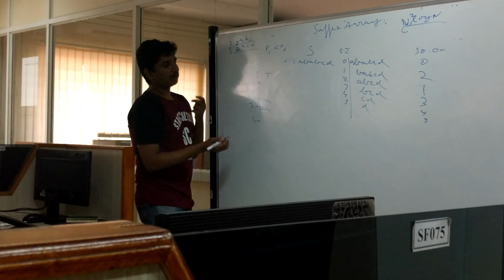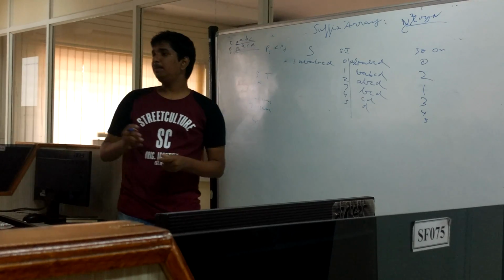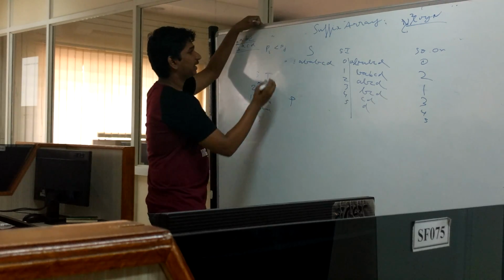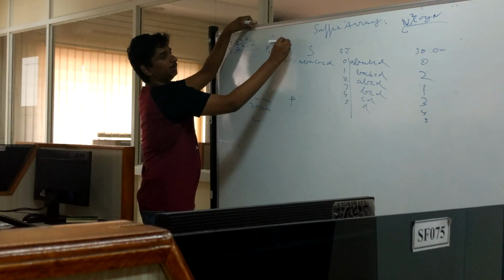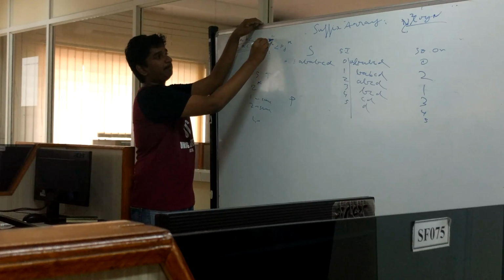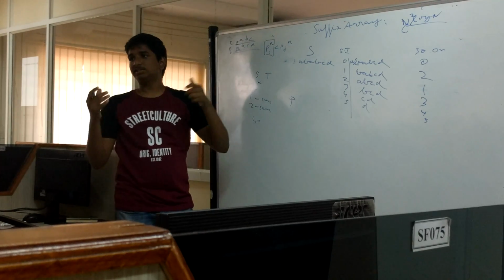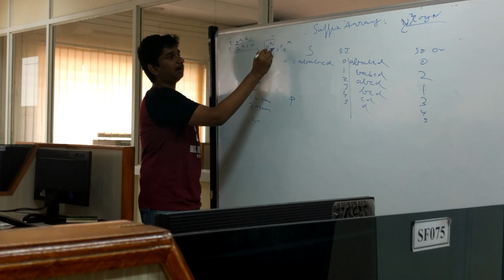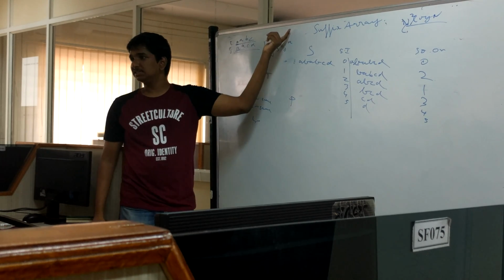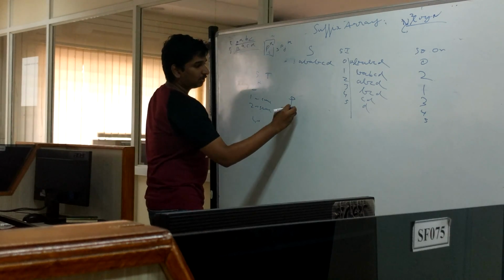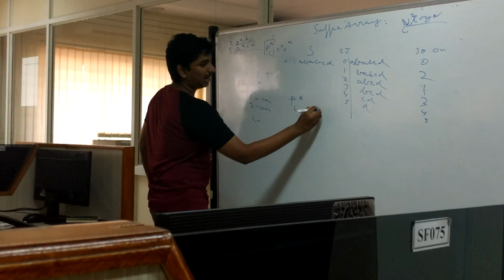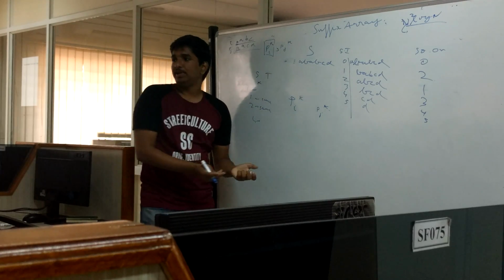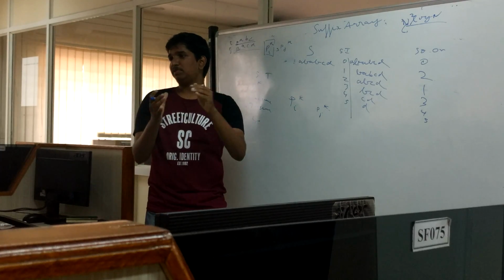So let us consider an arbitrary k. Let's call it P_i of k. This notation means I am comparing the suffix at index i and the suffix at index j by just the first 2 power k characters. So assume I know P_i of k and P_j of k for two strings. If they are not equal, I can get the relationship from that itself.